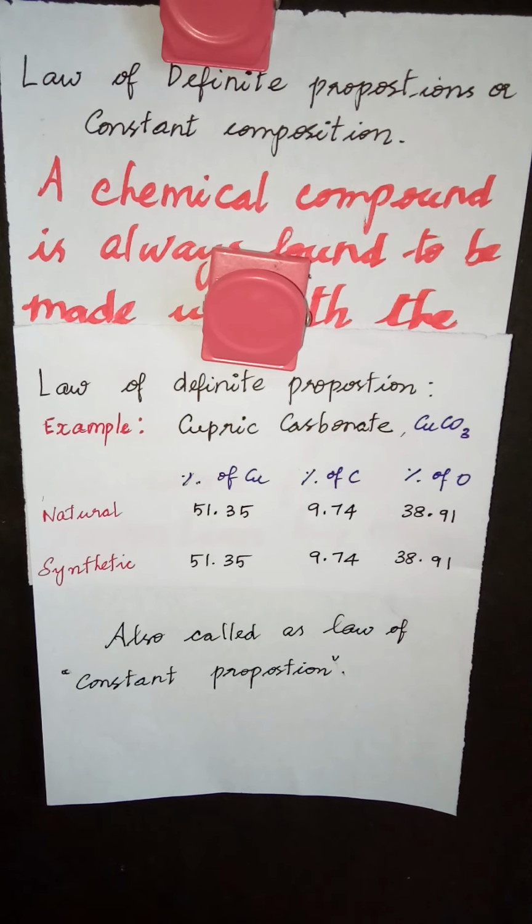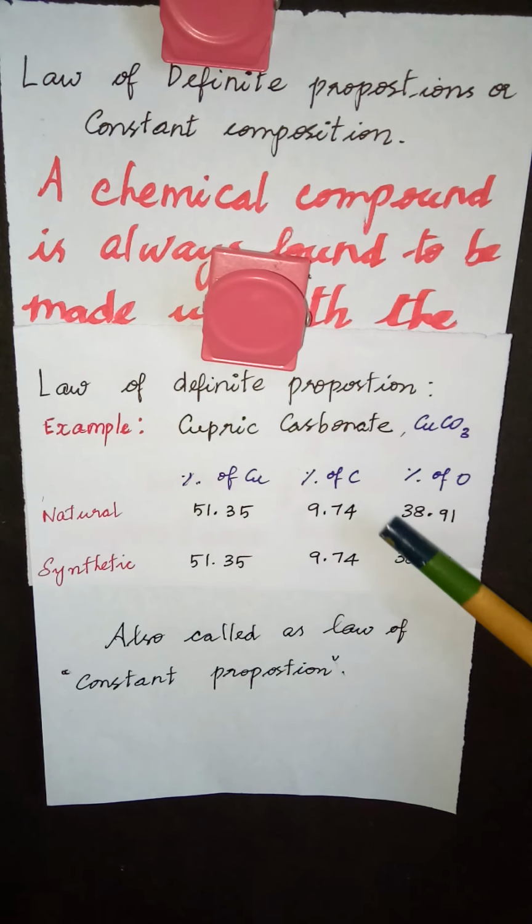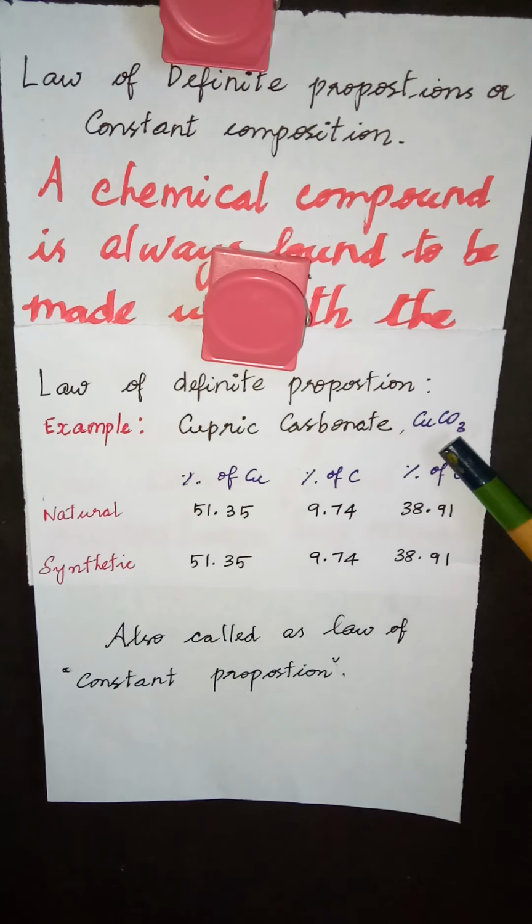Let's take an example of cupric carbonate. The formula is CuCO3. No matter how you get this cupric carbonate, whether you are obtaining it naturally or preparing it in the lab, it is always found to contain the same percentage of the combined elements. Now see, in this compound you have copper, carbon and oxygen.